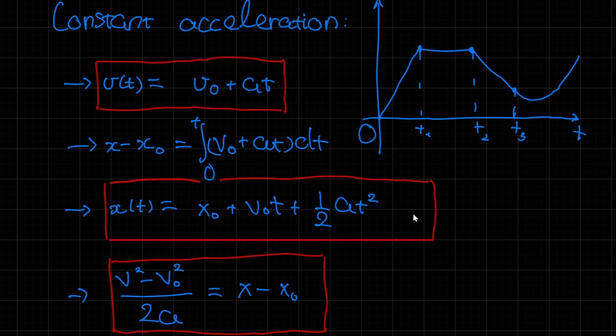Another thing that I want to mention is how you perceive these equations from the perspective of a graph. For example, I have a graph of v versus t here, and as you can see, from 0 to t1, the acceleration, which is also the slope of this function, is positive.